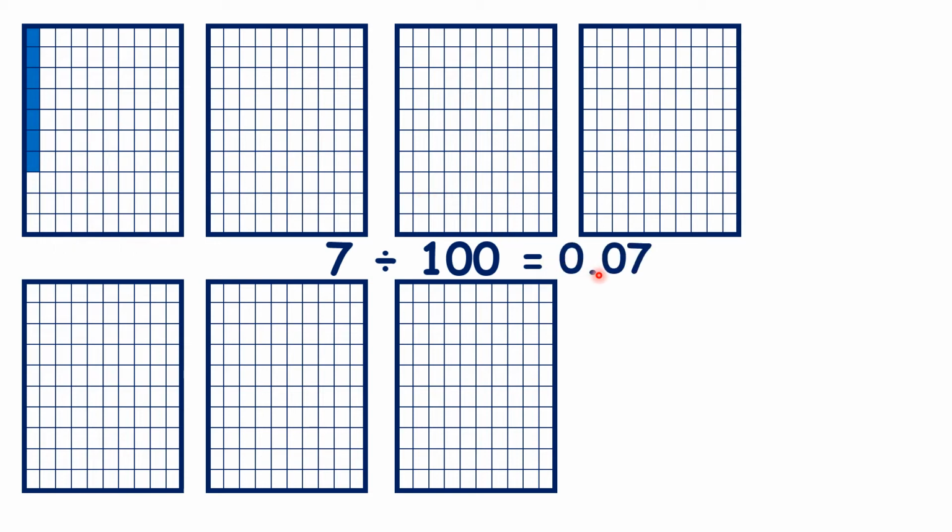So we have 0.07. And that 0 in our tenths column is important, because if it wasn't there, we would have written 0.7, which is 7/10. And we can see here 7/100ths is smaller than 7/10.